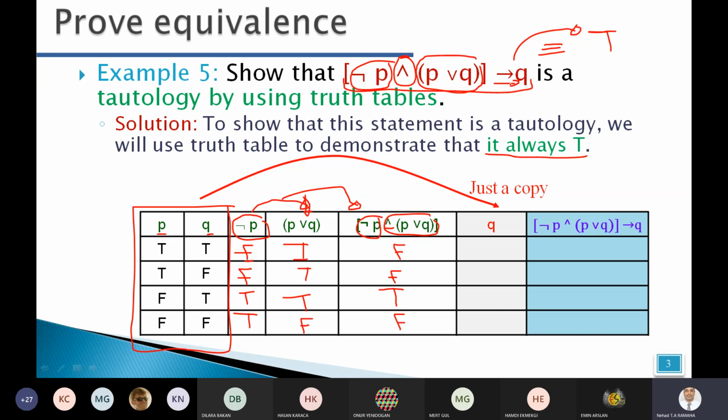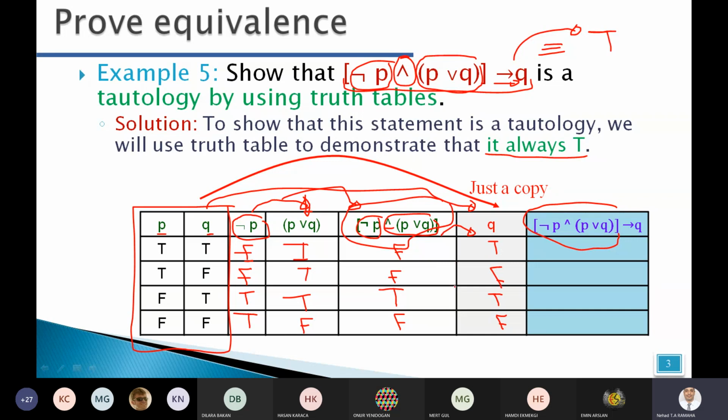Now we have implies Q. All this implies Q. Okay? All this implication with the Q. I will copy this Q again, to make it easier to find the result, which is true, false, true, false. Now this implication says, if both sides are true, the result is true.